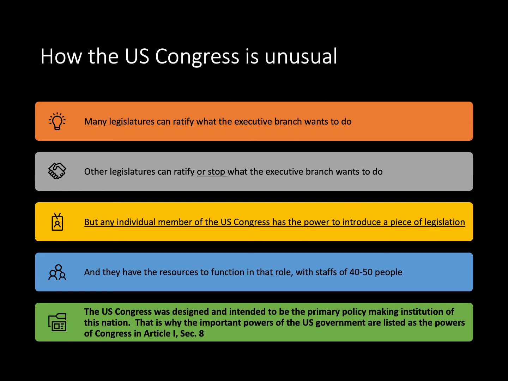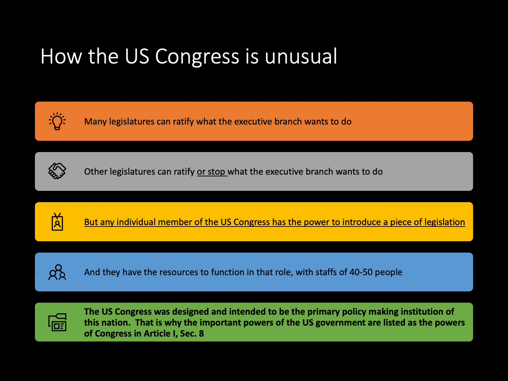I mean, every single member of either house, all 535 of them, can introduce a piece of legislation and start it. And it has to at least be looked at. And so that's unusual. Most legislatures around the world, individual members of those legislatures don't have that power to just introduce legislation on their own.